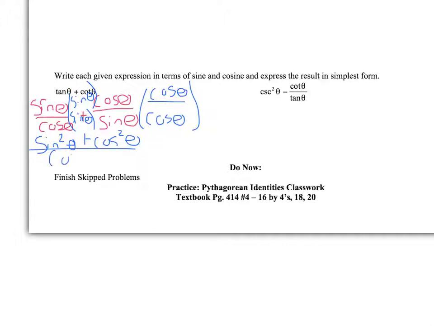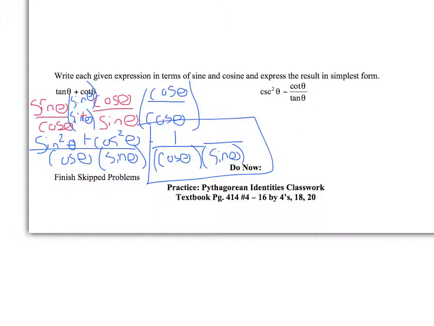Cos times sine is the denominator. Now that I have it as one fraction, I look to see if there's anything further I can do. Sine squared plus cos squared, from the very top of this, is equal to 1 over the denominator. That cannot change at all. And that's it for that problem.